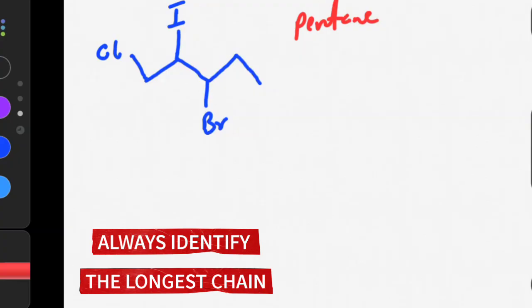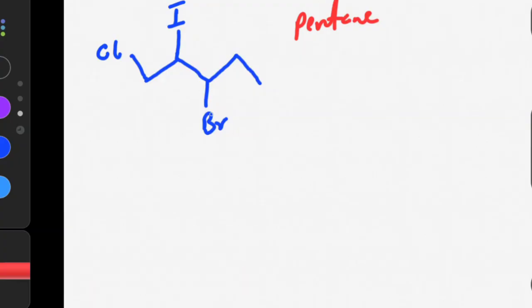Since we've identified that, we try to give these substituents. This is a substituent, this is a substituent, this is a substituent. We have a bromo, an iodo, and a chloro. So we are going to give them the lowest numbers possible. So if this is 1, this is 2, and this is 3, and here is 4, and here is 5, which gave us pentane, right?